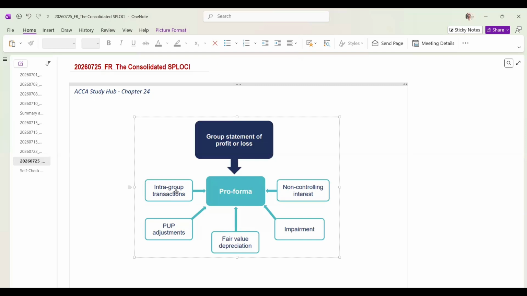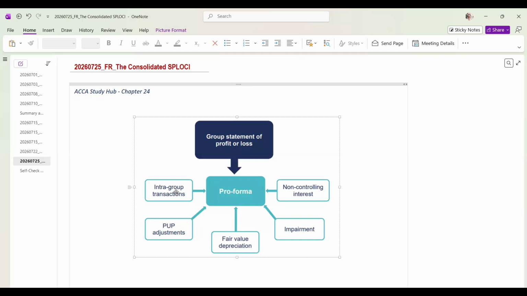So, impairment. Then next, so long as the parent did not acquire 100%, and you remember you don't have to acquire 100% to have control, some other people have ownership of the remainder of the shares of the subsidiary.